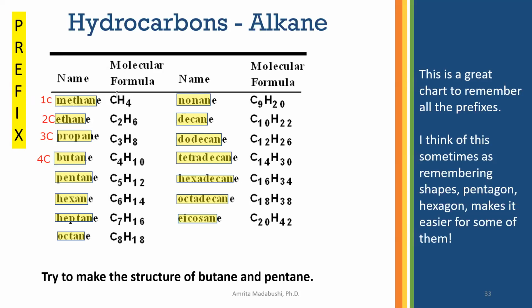Which means that if I was to make here C with 4H, then I would end up with a 1 carbon structure, and that 1 carbon structure would always start with meth, or methane, or methyl, meth as the prefix or the beginning of the word.